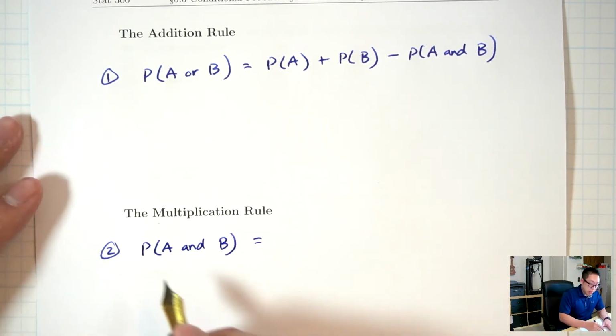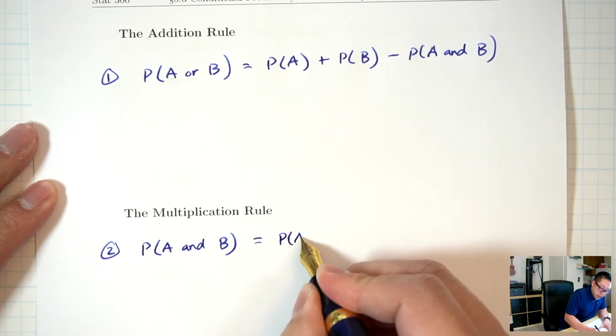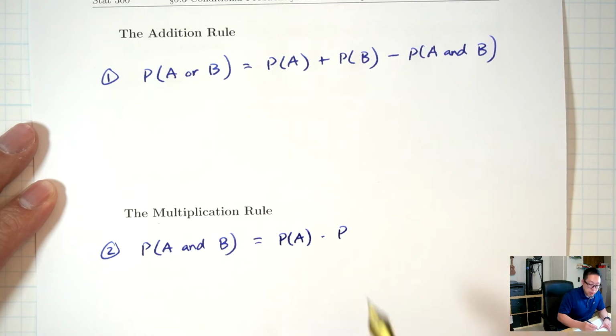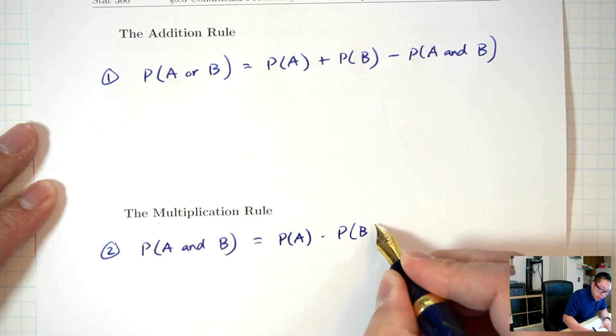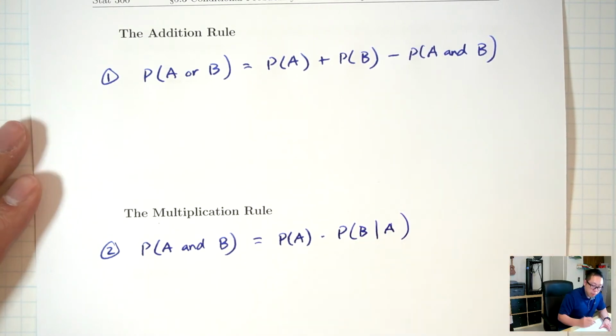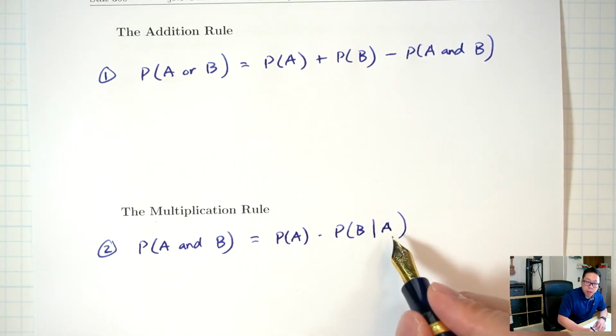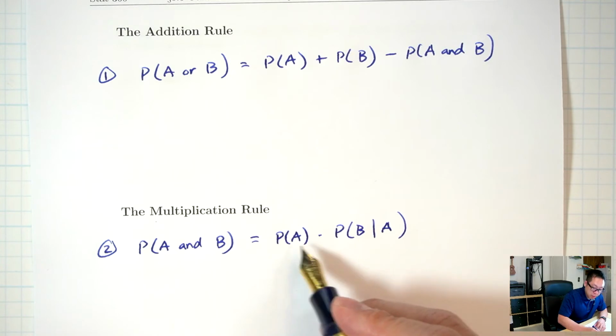And it says probability of A and B is the probability of A times the probability of not just regular B, but probability of B given A. Remember, for the conditional probability, the ones that have the given, the order does matter. So make sure it's A and then B given A.